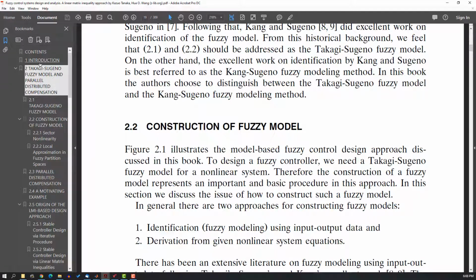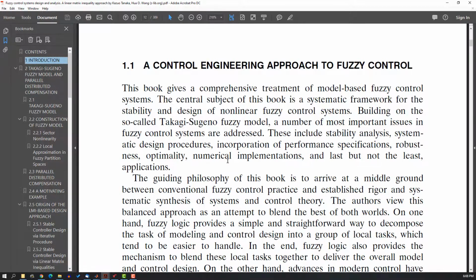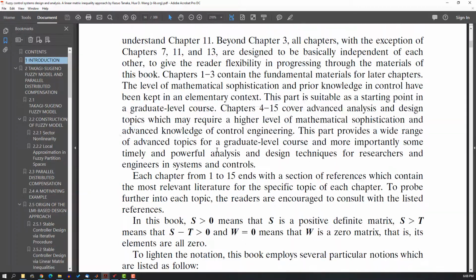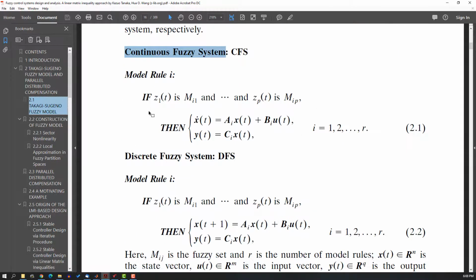Okay, so first you just need to know some instruction. Need to know this.